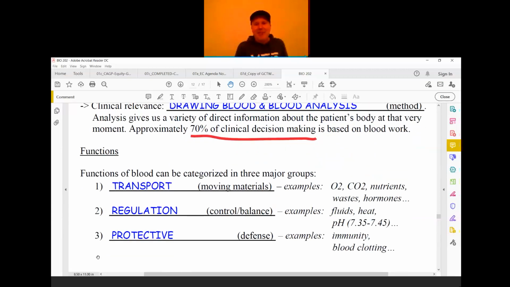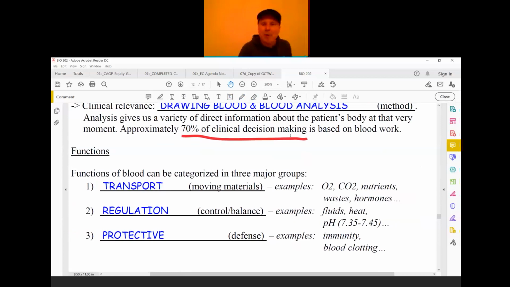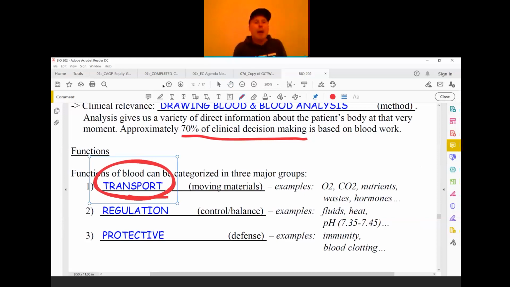So let's have a look at the functions of the blood. And there's a bunch that we can associate with the blood. Probably if I would have to pick one of these, the most important function that I would highlight is the transport function of the blood. So blood helps us to transport, move materials from one place to another. For example, our cells in various parts of the body need oxygen.